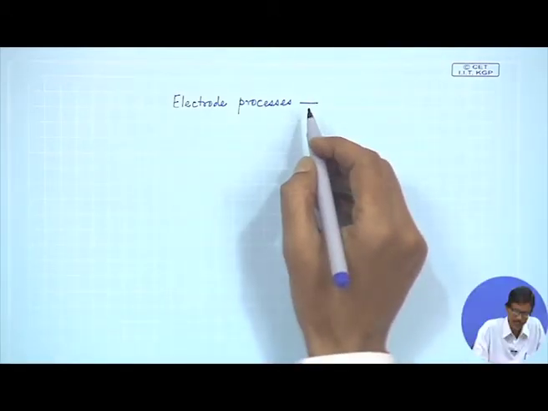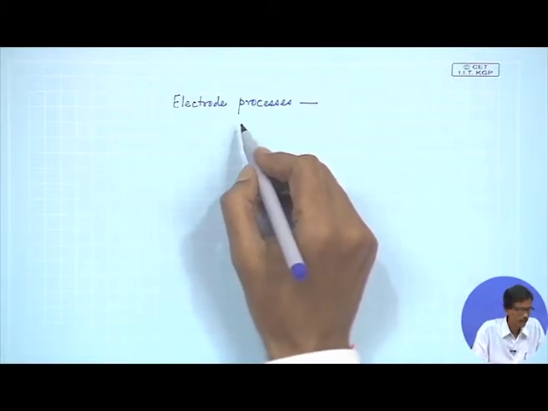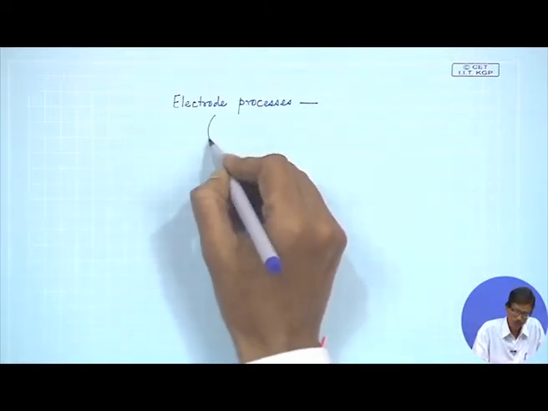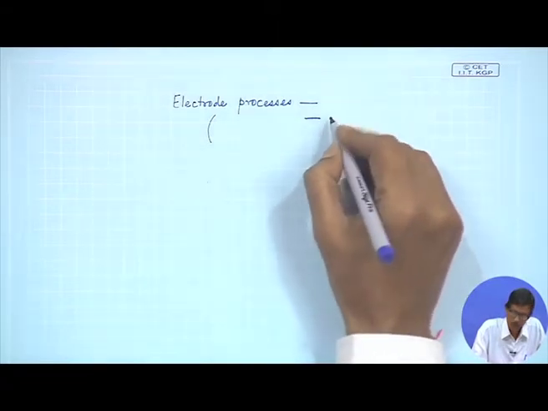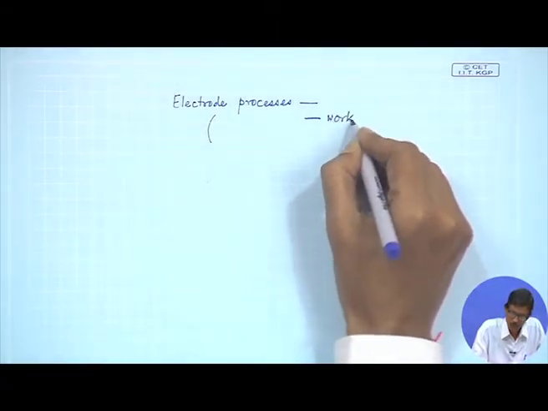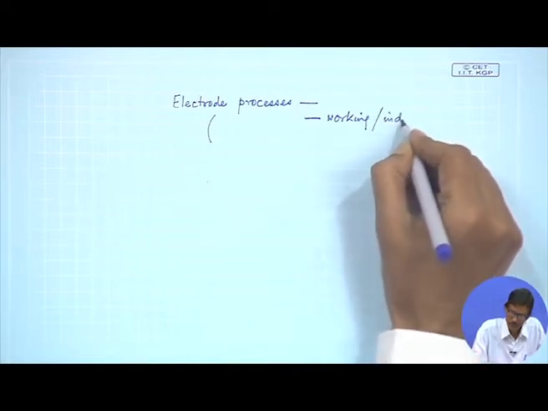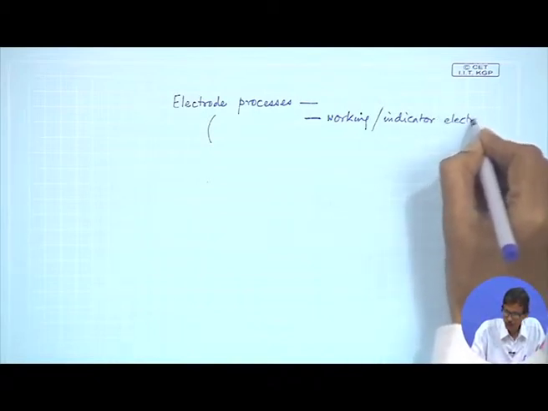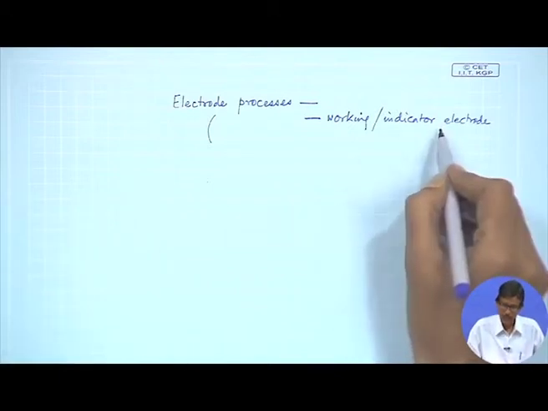The voltammetric techniques are very important to understand the corresponding electrode processes, and these electrode processes are based on where we have the working or indicator electrode. We want to study whatever is happening at that particular working electrode, and that is very important.